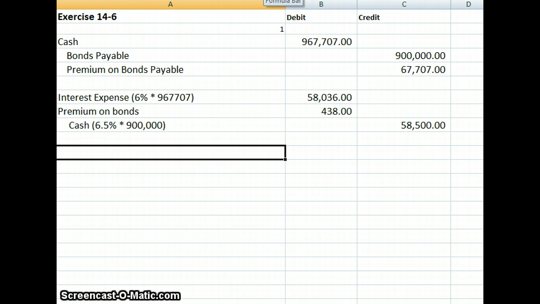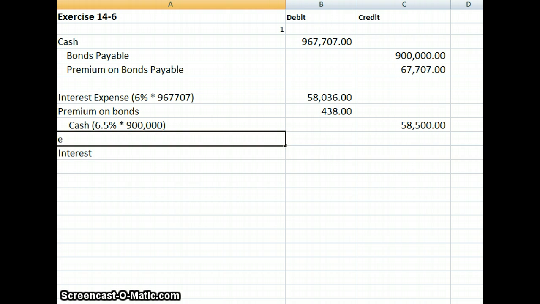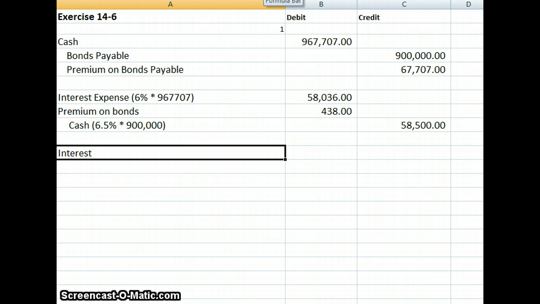Finally, on the June 30th interest, we are going to again have our interest expense of 6%, only we're going to take that times the amount we sold our bond for, $967,707, but we're going to subtract the amount of the bond premium that we've already amortized, so that's $438.